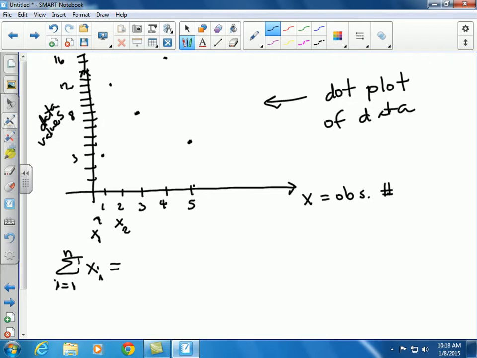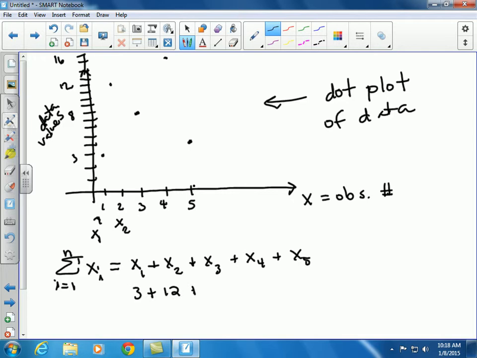So this says I take x1 plus x2 plus x3 plus x4 plus x5. So I go in numerical order and just count up on the indices, and therefore this is just telling me in a quicker way to add my data points.